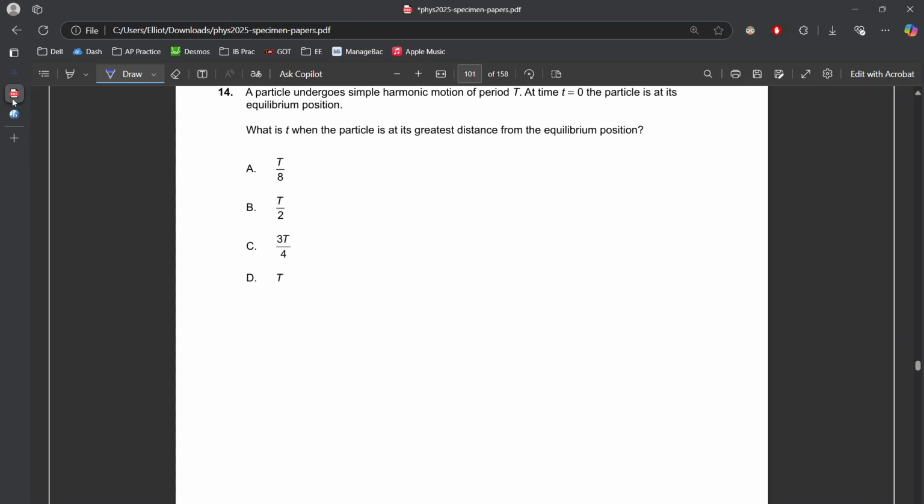Okay. A particle undergoes simple harmonic motion with a period of T. At time t equals 0, the particle is at its equilibrium position. What is t when the particle is at its greatest distance from equilibrium position? So simple harmonic motion means, if you do a pendulum, it's going to start in its displaced position.